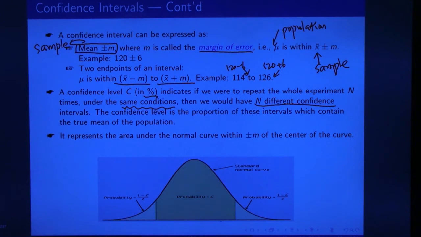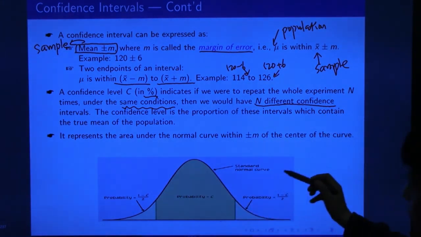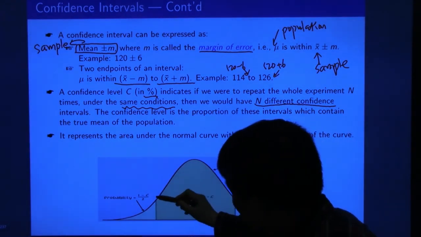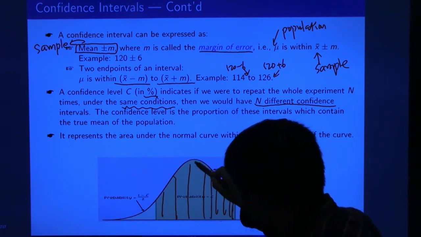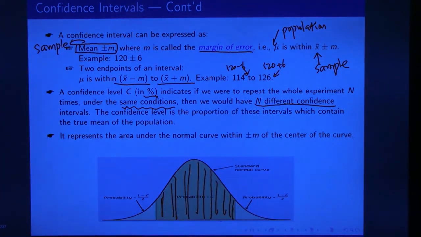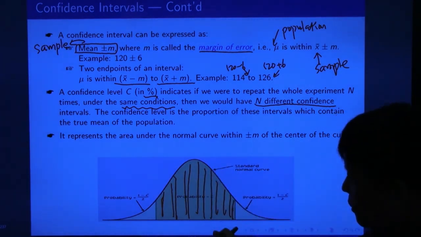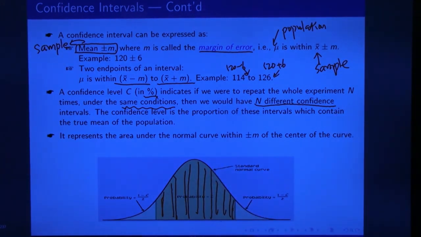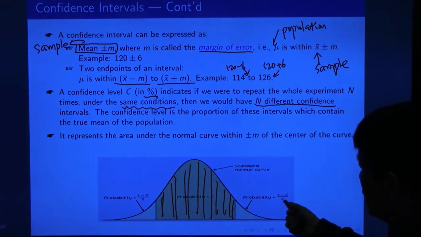It represents the area under the normal curve within plus minus m of the center of the curve. So here, the confidence level equals C means this area is represented by C, and this proportion, or this probability, equals C. Because the normal distribution is symmetric, this area and this area each equal (1 minus C) divided by 2.